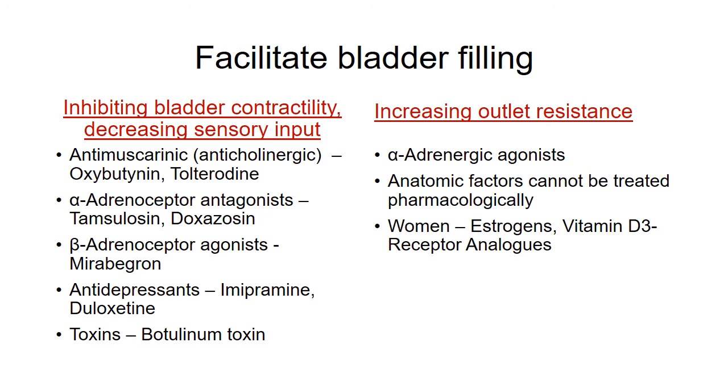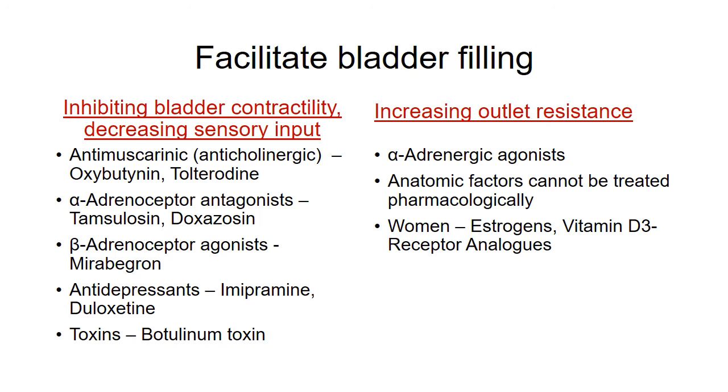That is anti-muscarinic action, mainly oxybutynin, tolterodine. Second one is alpha adrenoreceptor antagonist, which is mainly used in men with BPH, tamsulosin, etc. Beta adrenoreceptor agonist, beta 3 agonist, is mirabegron. Then antidepressants like imipramine and duloxetine. And toxins used are botulinum toxin.